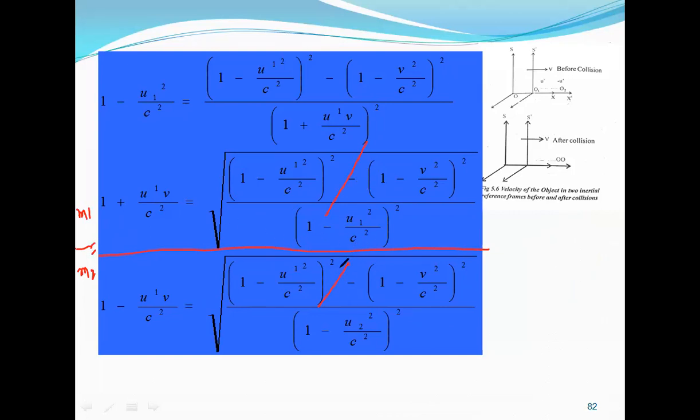So when you divide by this, the numerator will cancel. So finally what we are going to get is the square root of 1 minus u2 square by c square, divided by the square root of 1 minus u1 square by c square. That's it. Okay? Any problem? Let's go to the next slide.